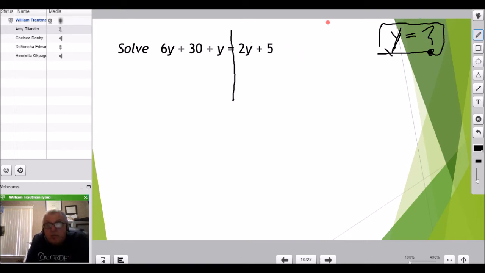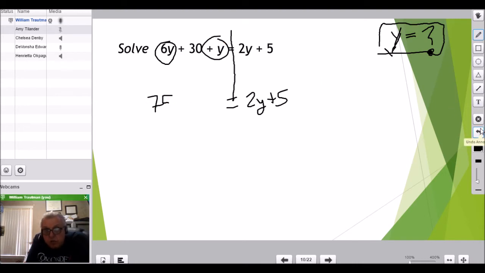So on this problem, remember my steps were add everything you could on both sides separately. On the right-hand side, I can't add 2y and 5, so I leave it there. On the left-hand side, 6y plus 1y is 7y, and then we have a plus 30.